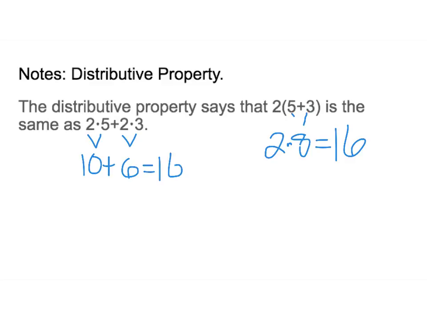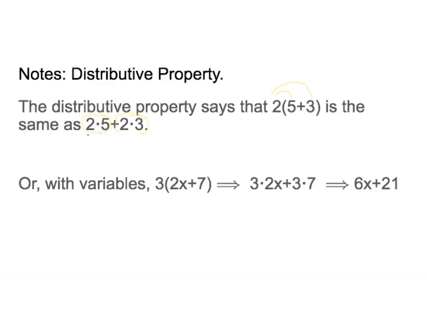So the pattern here being that we multiplied the 2 times the 5 and the 2 times the 3 to get 2 times 5 and 2 times 3. And last year you also saw, pretty briefly, that if you have variables you can use the same pattern.